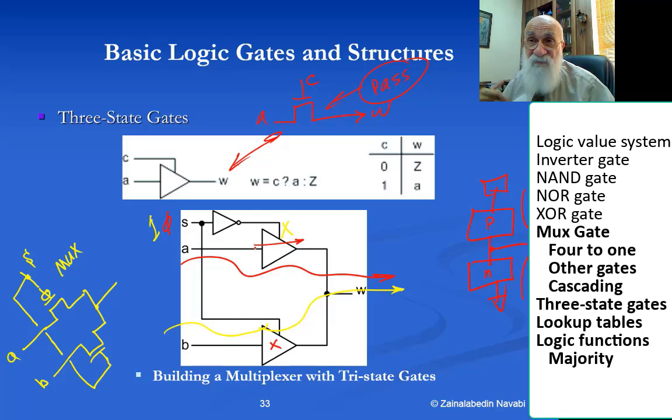They are good for busing, where you have various sources putting data on a bus. Multiplexers and tri-state structures are so close that sometimes we use tri-state gates implementing multiplexers, and sometimes we call it a multiplexed bus, sometimes a tri-state bus, which functionally are very similar.